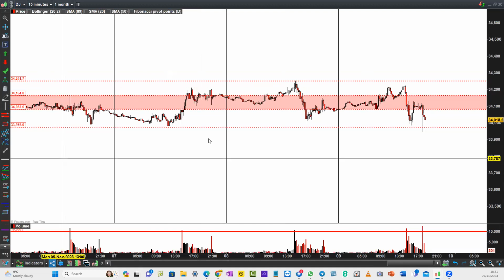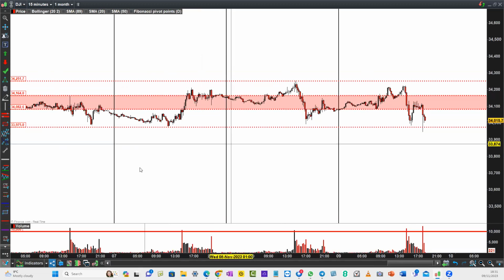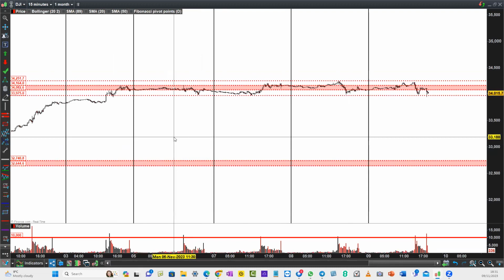And we're restricted to about 250 pip range at the moment. So no point trying to get runners on this. It's great if you're just looking for a quick 60, 90 minute profit, which of course is what I'm doing anyway. But I normally leave some on the table if we're directional.